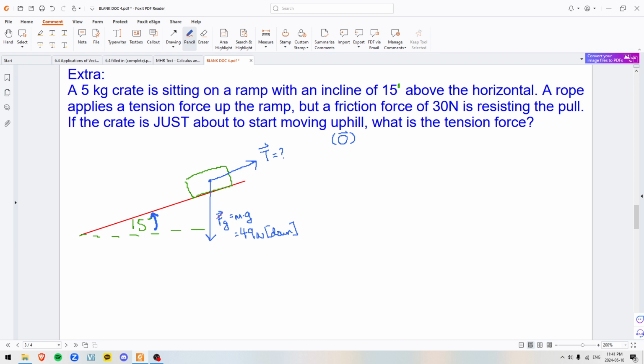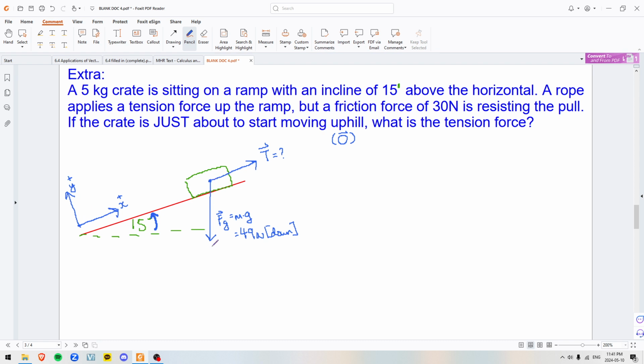Okay. This, however, can be broken down into its components, and I am going to declare that my reference for my x is going to be the ramp's incline, and so my y component is going to be perpendicular to the ramp surface.